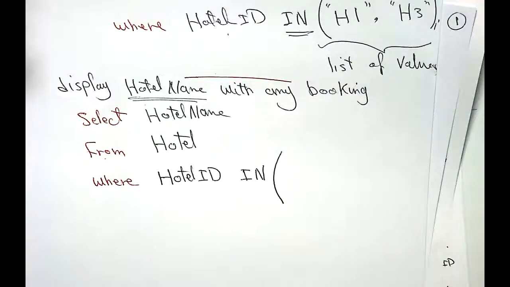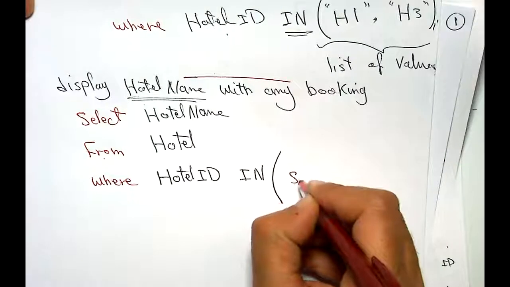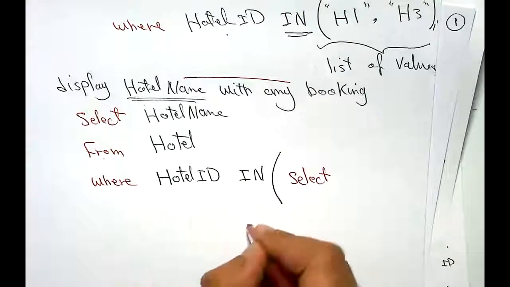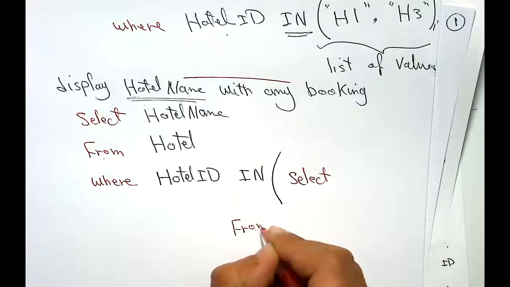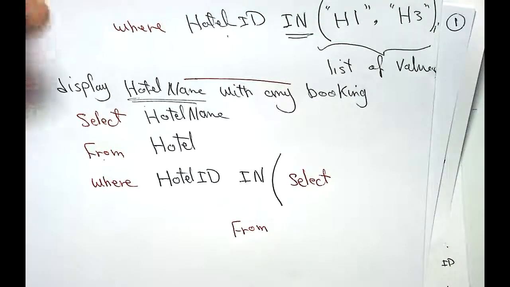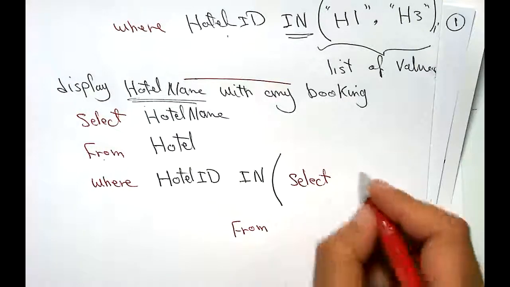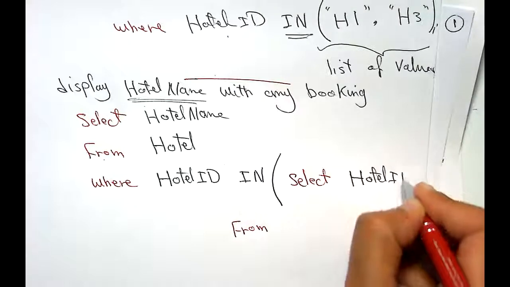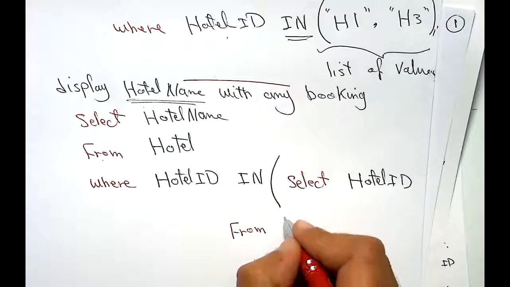This is using a subquery. Select hotel ID from booking.